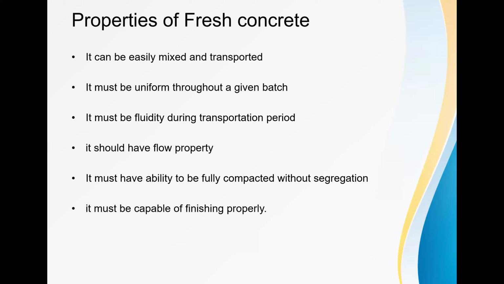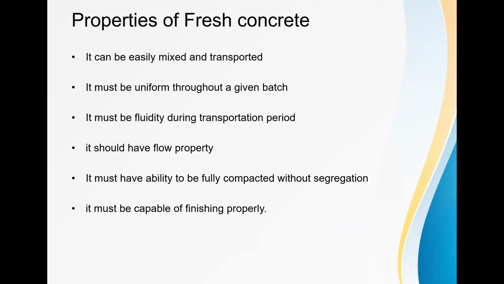Then what are the properties of fresh concrete? Of course, fresh concrete can be easily mixed and easily transported to the site. The fresh concrete should be uniform throughout the given batch. That means even if it is 2-3 batches of concrete, the proportions and ingredients mixed together should be uniform throughout, including in color, in strength, and in mixing proportions.